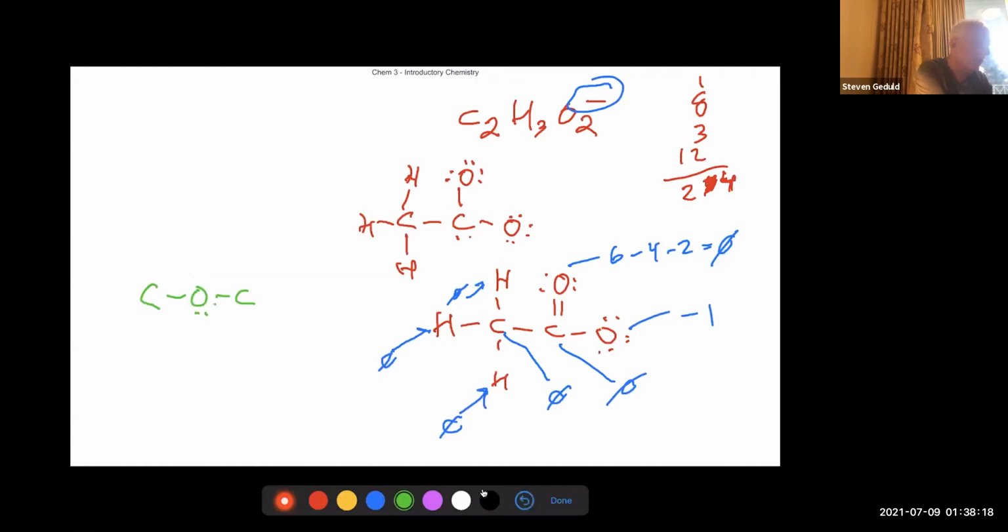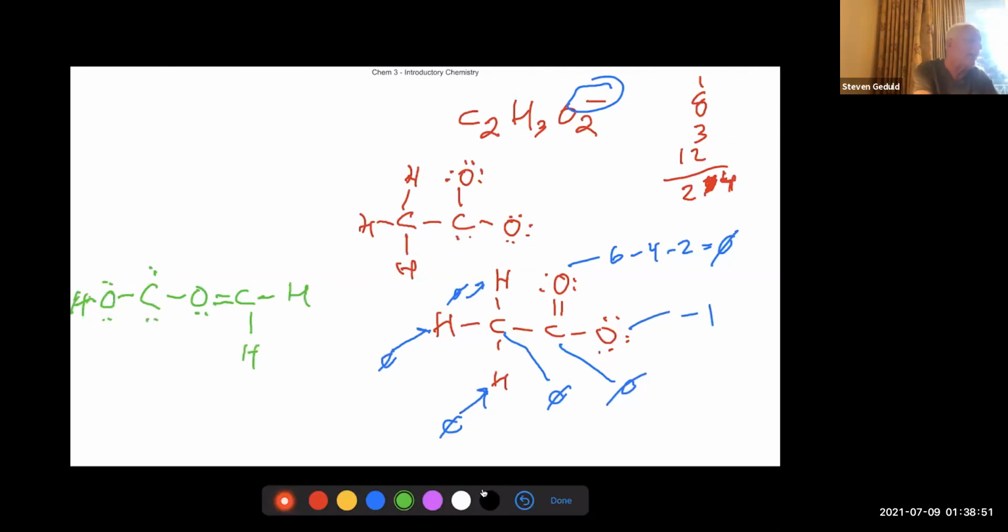Just gonna do this. 2 dots. CH, CH, CO, CH. Kind of ran out of room there. Okay, count your valence electrons in there. We have 2, 4, 6, 8, 10, 12, 14, 16, 18, 20, 22, 24. Okay, we have the correct number, right?